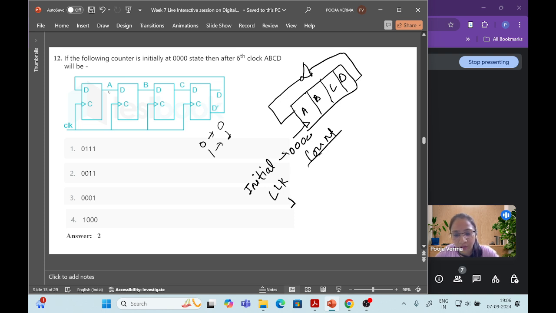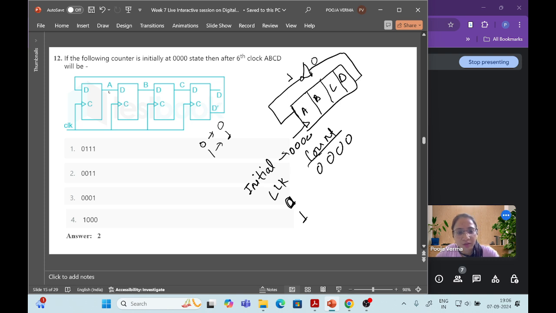When the first clock pulse is applied, the complemented output of D is given to the first D flip-flop. Initially it is 0, so it must be 1.